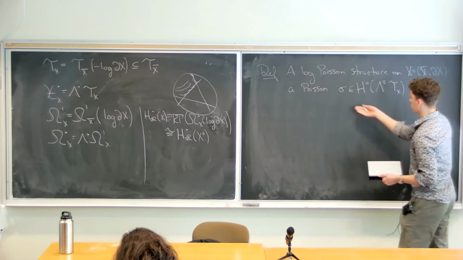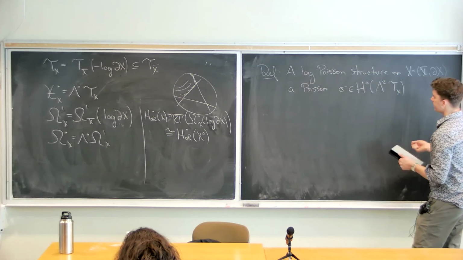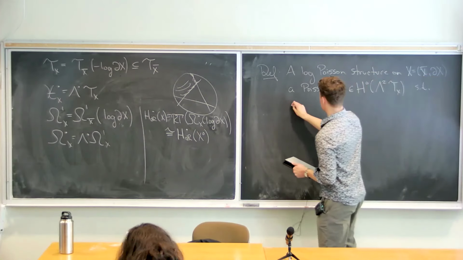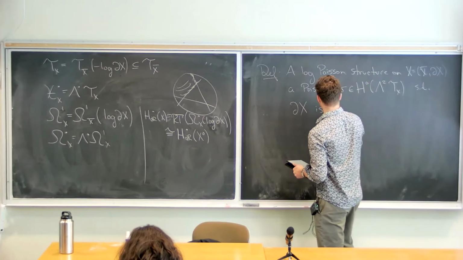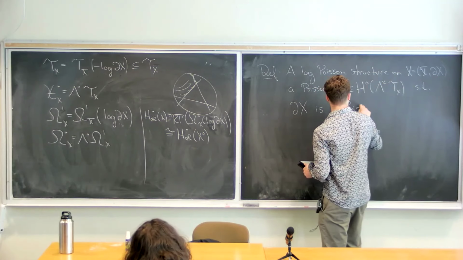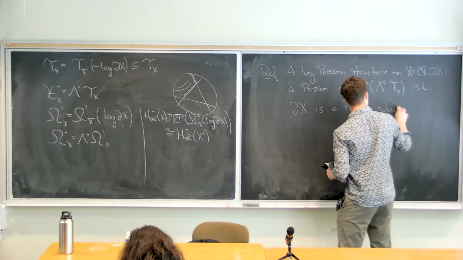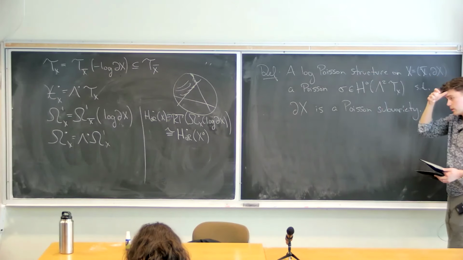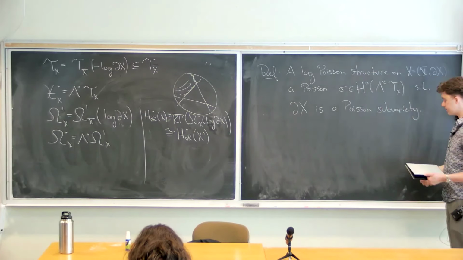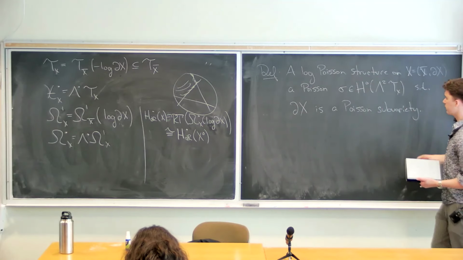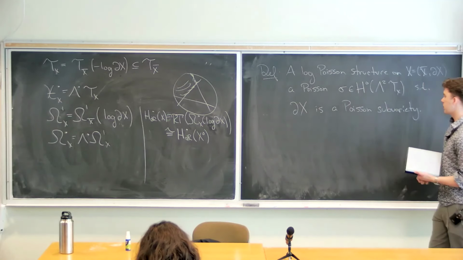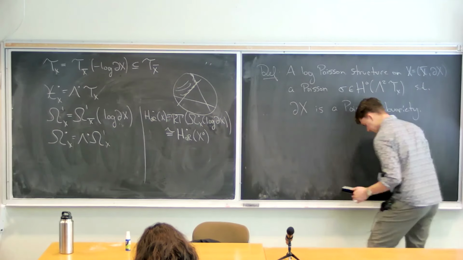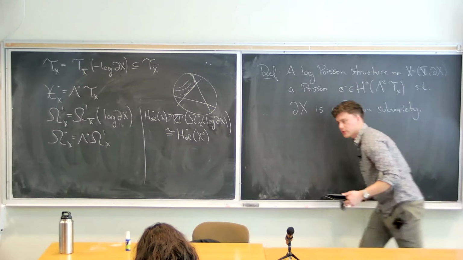So it is a Poisson structure. In particular, it satisfies the Jacobi identity, but also I want the boundary divisor to be a Poisson subvariety. Okay. So the functions vanishing on here form a Poisson ideal. Okay, any questions about that?